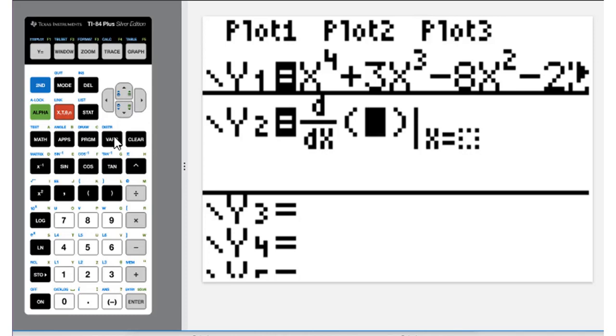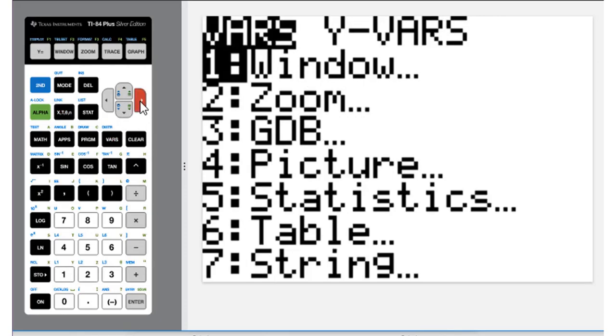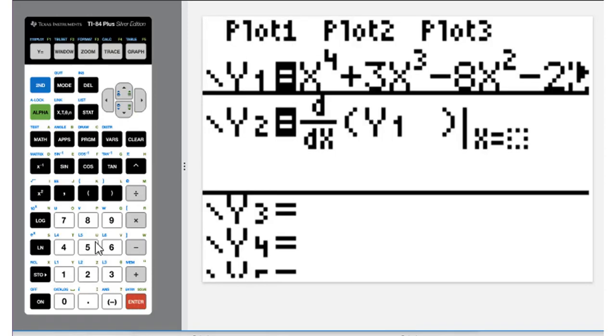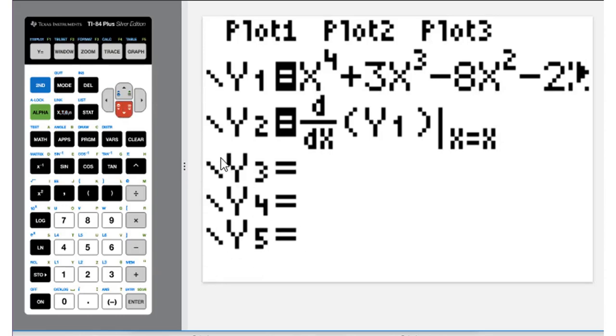Where you get the y1 is the Y variable. y1. Then over here it will be x. Then go to y3. We still do the derivative of y2, which means the second derivative of y1.